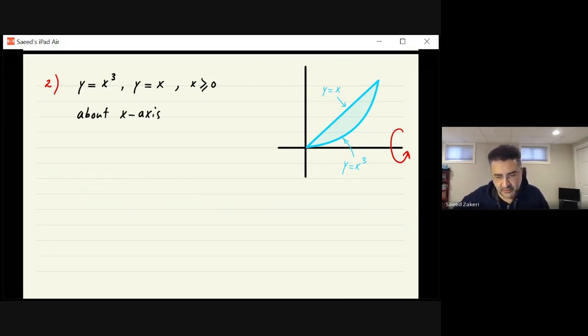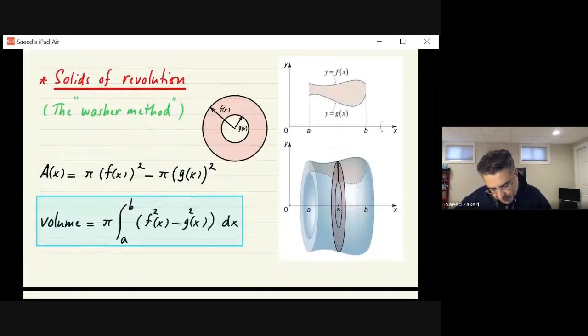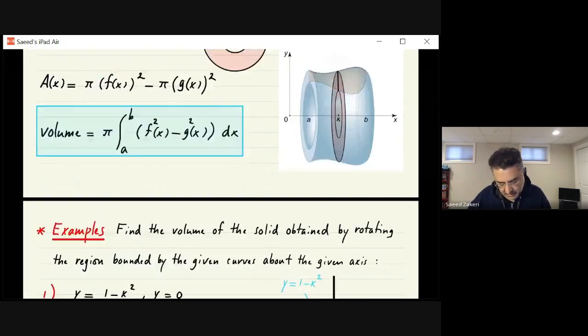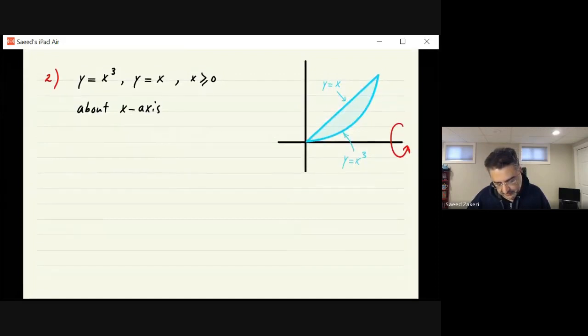This is the washer method. So this would be an example of this case that I was talking about. The region is bounded above by some f, bounded below by some g, between two values x equals a and x equals b. You rotate it around the x-axis. So you get that case.